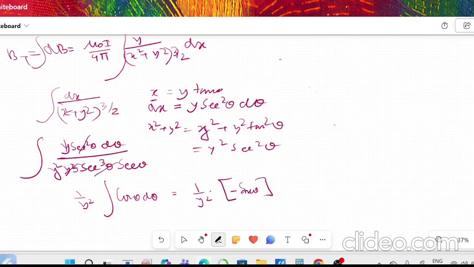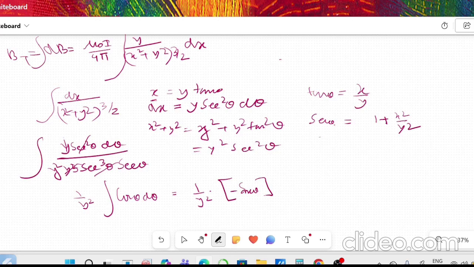Because tan theta is simply x by y. So sec theta is simply root of 1 plus x square by y square.